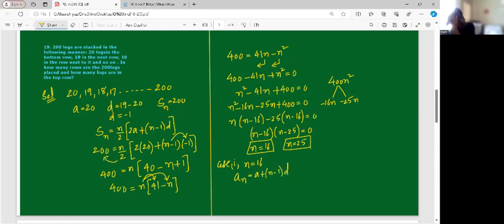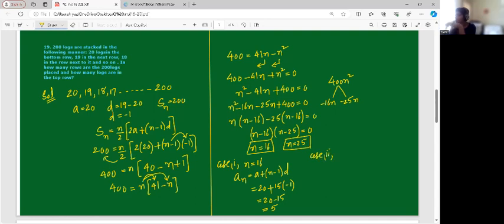The a value is already 20, plus n is 16, 16 minus 1 is 15, into d value minus 1. So this is 20 minus 15. So there are 5 logs in the top row. This is one possibility. If you take n is equal to 16, 16 rows are there, and in the top row you will get 5 logs. One possibility. Case 2.